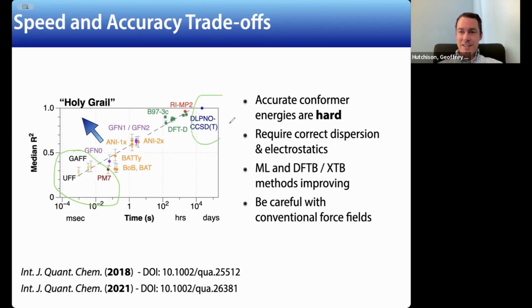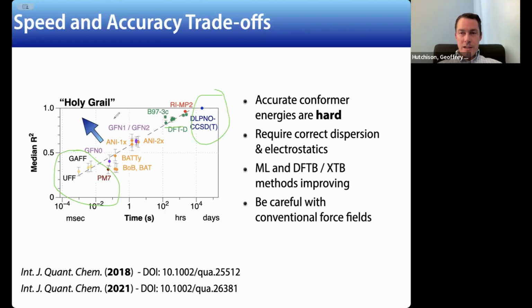On the other hand, accurate ab initio methods like coupled cluster are very slow, on the order of days. This is a logarithmic x-axis. And the y-axis here is the correlation with those coupled cluster energies, right? So DFT methods are relatively accurate, but still on the order of hours.